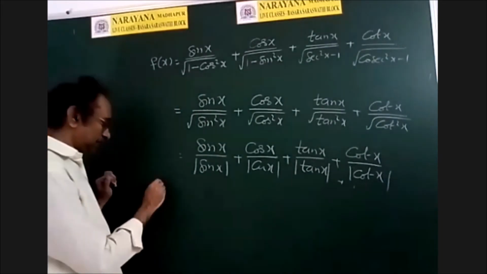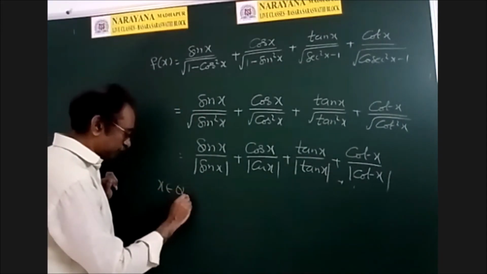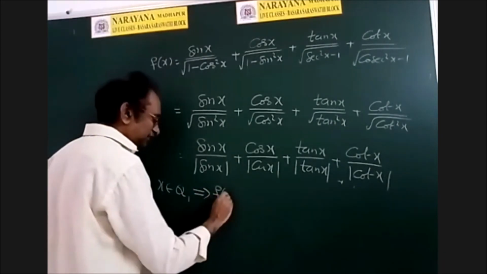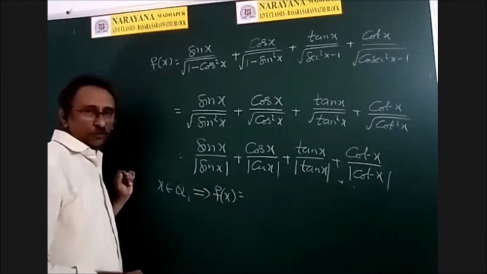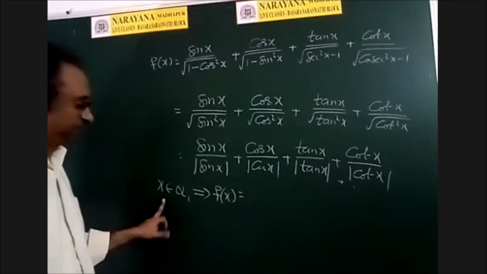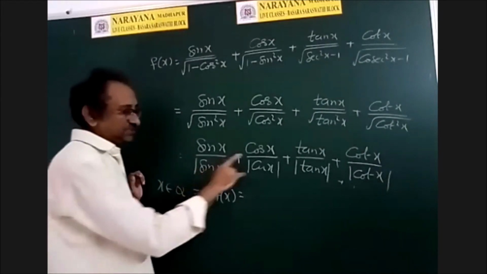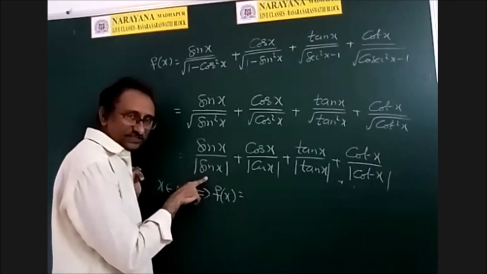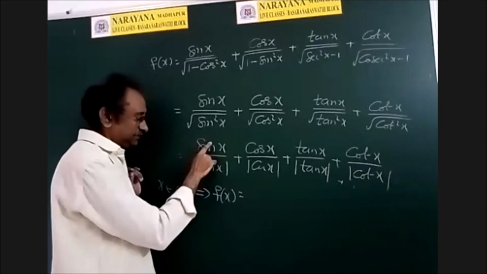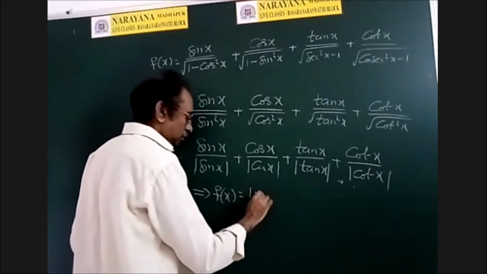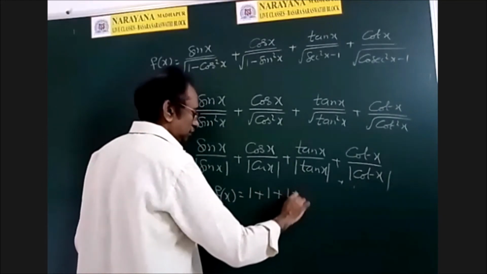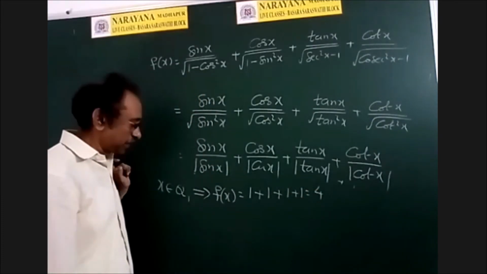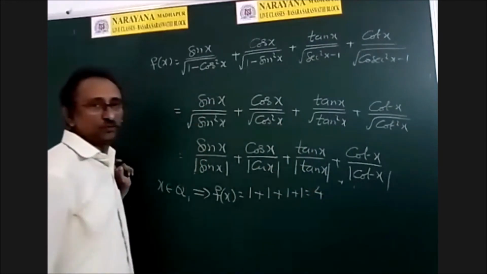And now tell me, suppose x belongs to the first quadrant, then what is f of x? See, I am directly writing. Suppose x is in the first quadrant. So sin x, cos x, tan x, cot x are all positive. Therefore, there is no need of modulus here. Mod sin x is simply sin x. Sin x by sin x is 1. Cos x by cos x is 1. 1, 1. You will get 4. So, at every angle in the first quadrant, the function always has value 4.